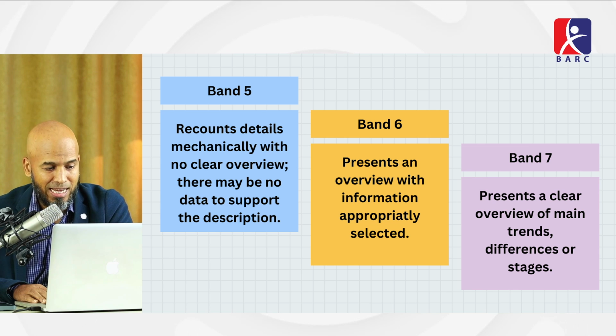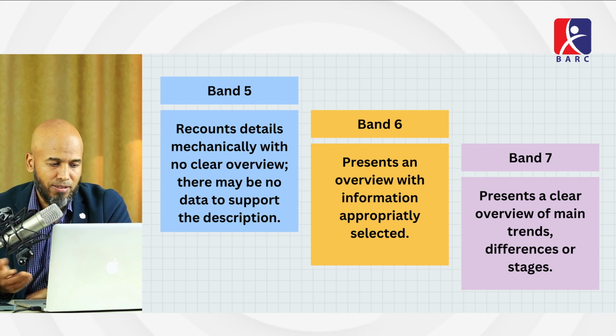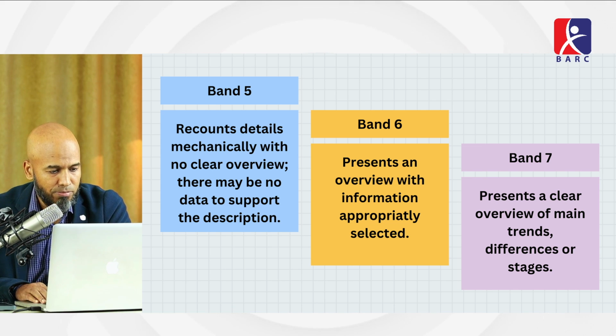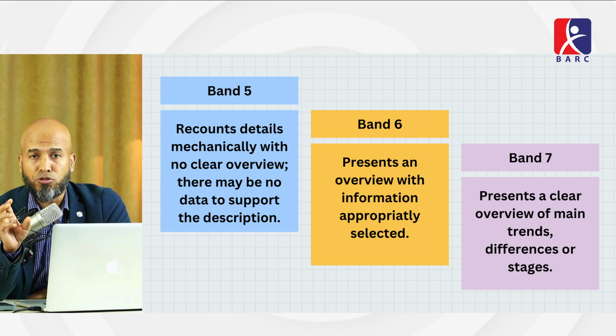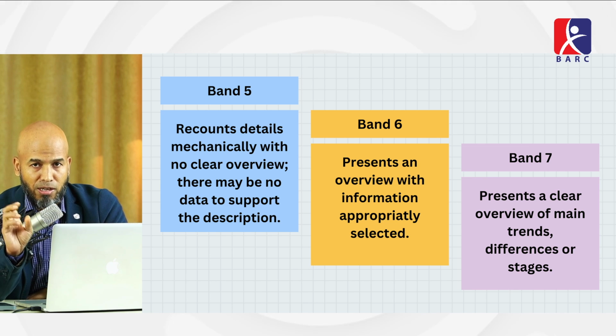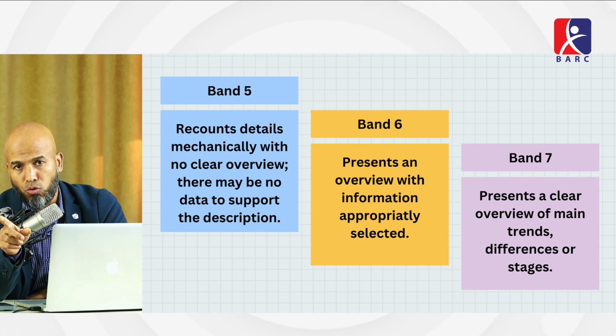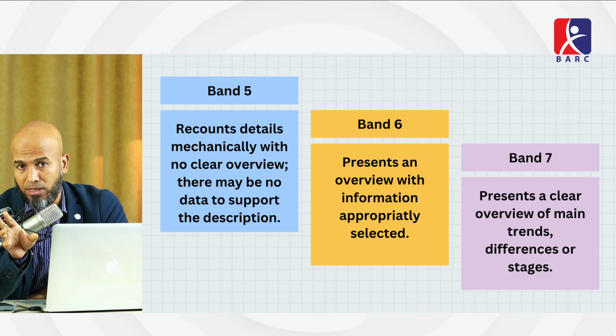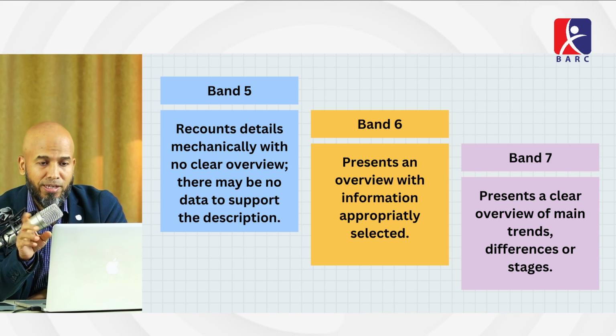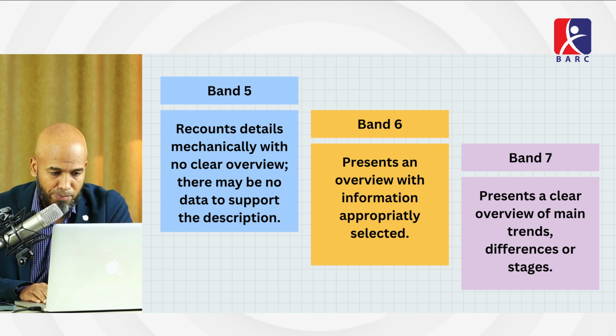For a band 6, it says your writing task 1 presents an overview with information appropriately selected. So if you select the information for your overview appropriately and effectively, then you might get a band 7.